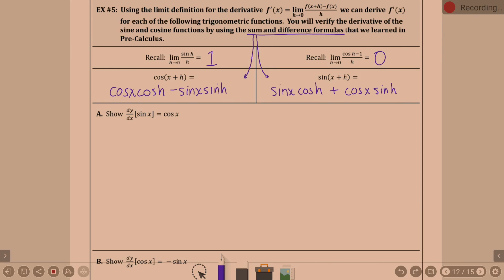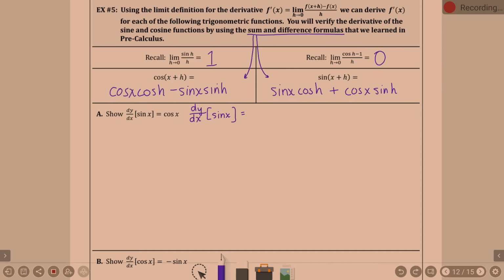I'm going to do this over here. dy/dx of sine. So that just says the derivative of sine, and eventually it's going to equal cosine. But they asked us to use our limit formula, yes?